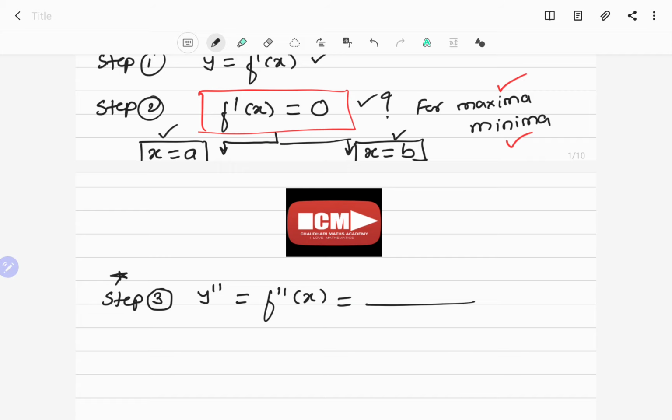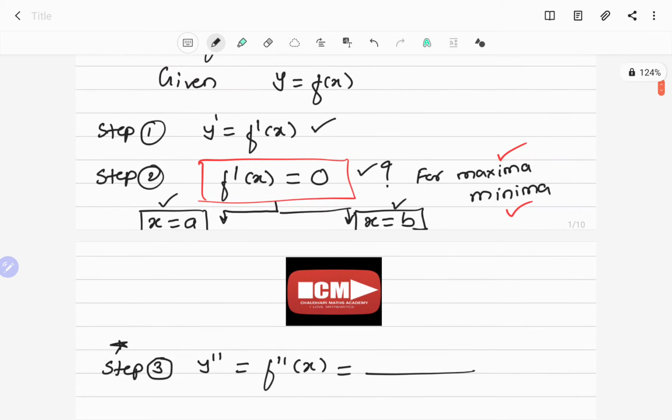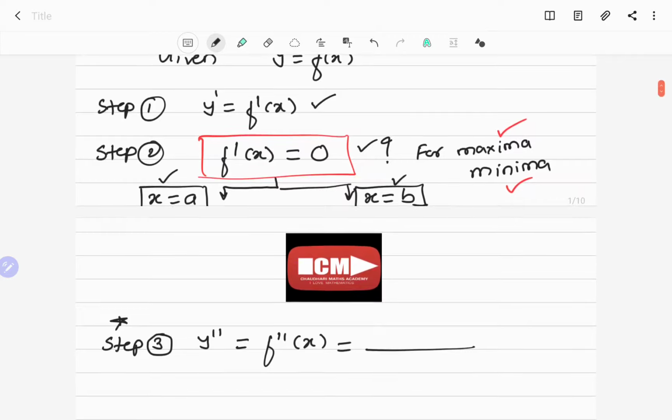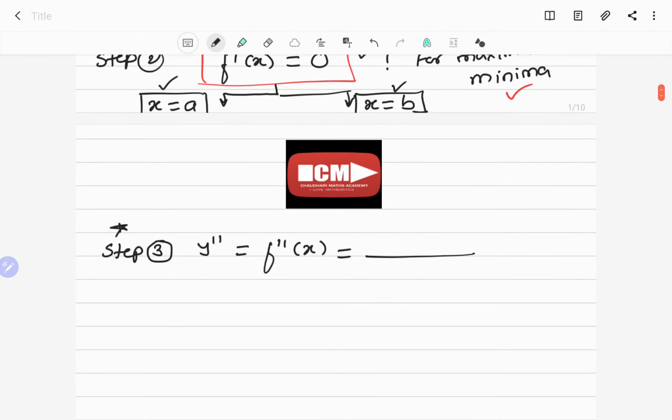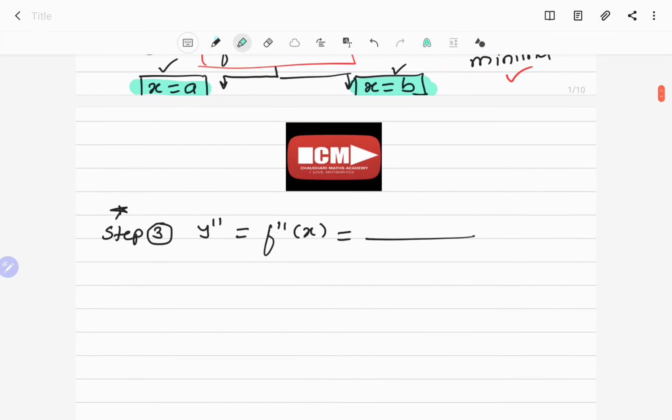As the name suggests, the double derivative, or the second derivative, decides where exactly the maxima or minima of the function occurs. Since we have two options, either x equal to a or x equal to b, we don't know where exactly the maxima or minima is. So who will decide where exactly maxima or minima occurs? The second derivative. That's why the name of the test is second derivative test.